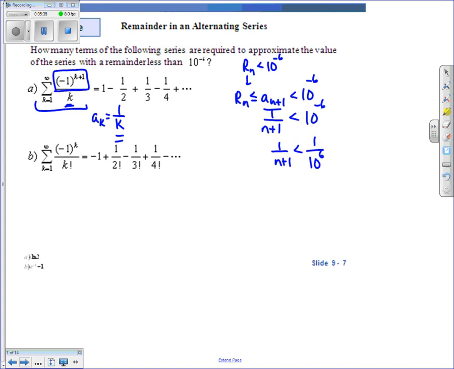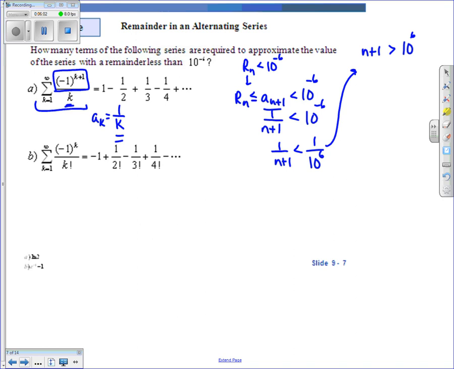I can now take the reciprocal of both sides, which gives n plus 1 on the left, 10 to the 6th on the right, and you reverse the inequality when you take the reciprocal of both sides of an inequality. So that means that n plus 1 must be greater than 10 to the 6th. Okay?